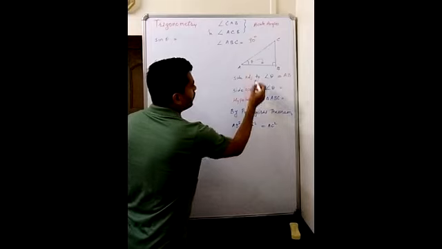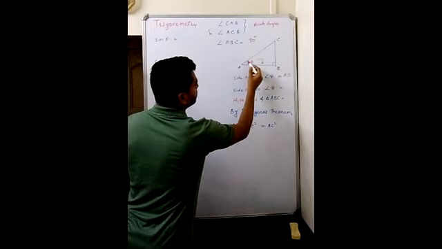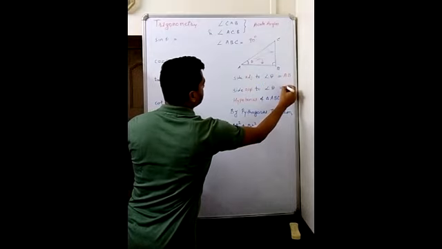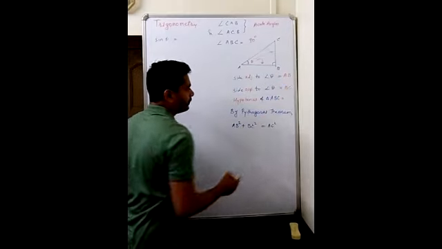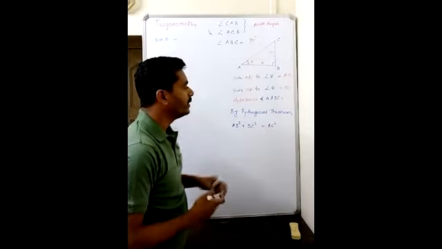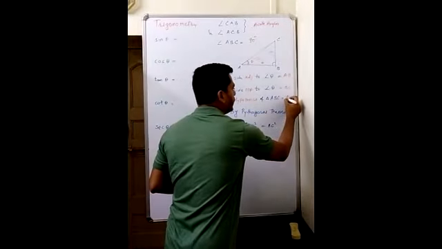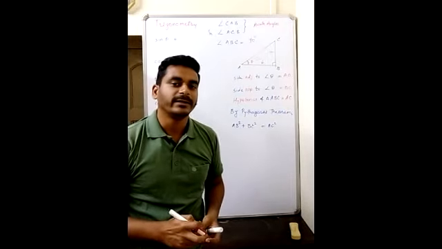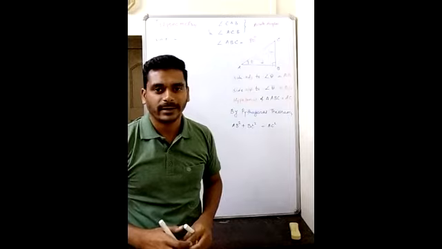Then the side opposite to angle theta is nothing but this BC, and the hypotenuse of the triangle ABC is nothing but AC. Hypotenuse is the longest side in the triangle.